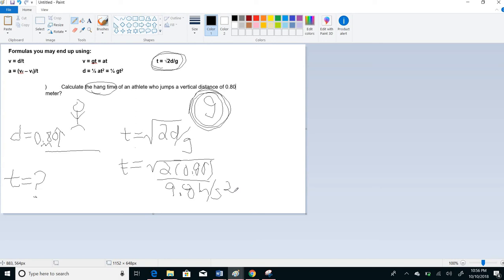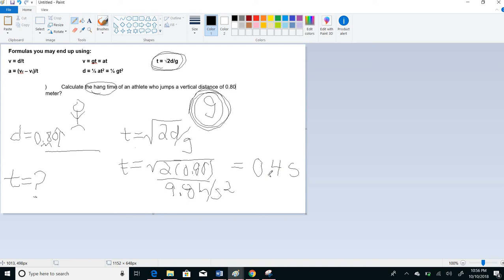So now, with my numbers being plugged into my equation, I can take and find the answer. So I could take 2 times 0.8 divided by 9.8, and then I could find the square root of that number. And I would get 0.4 seconds. So the hang time of this individual would be 0.4 seconds.